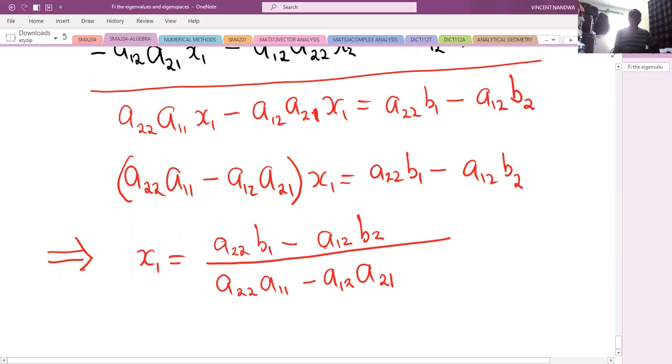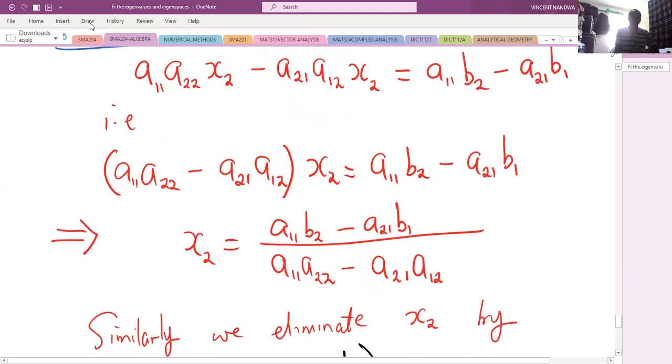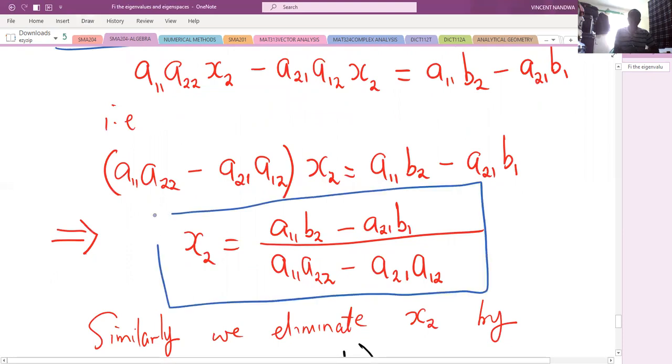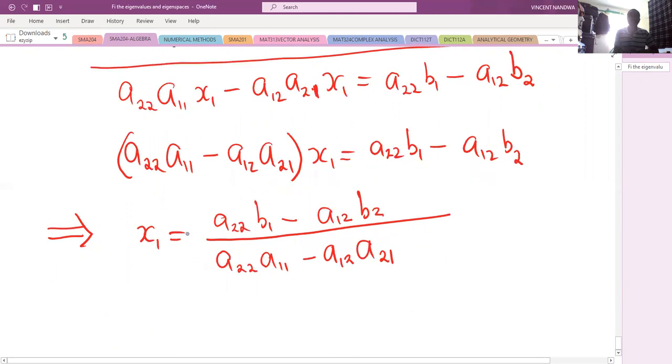So this is the solution for x1. Let's call this solution for x2, call this one 2, and then let's call this one 3.